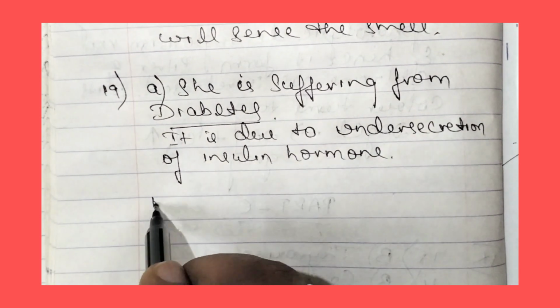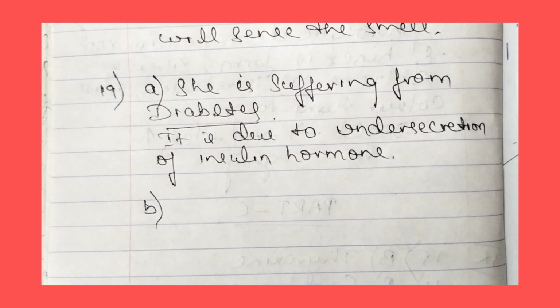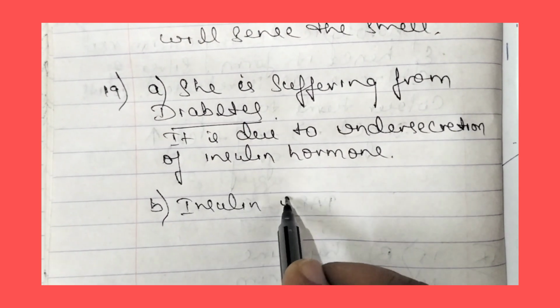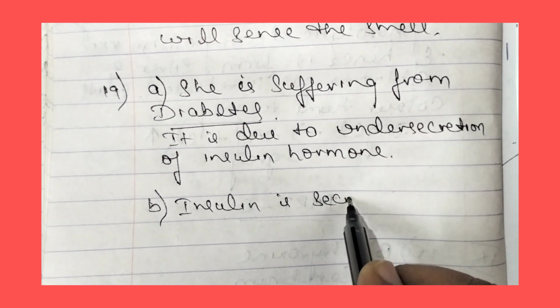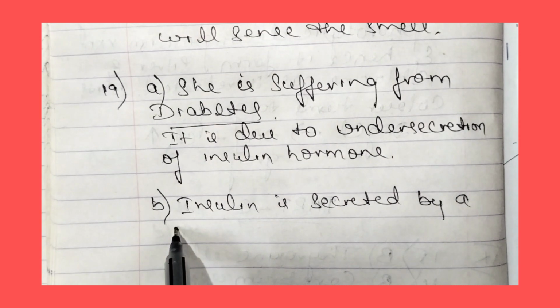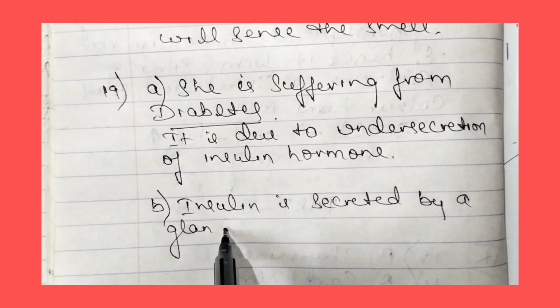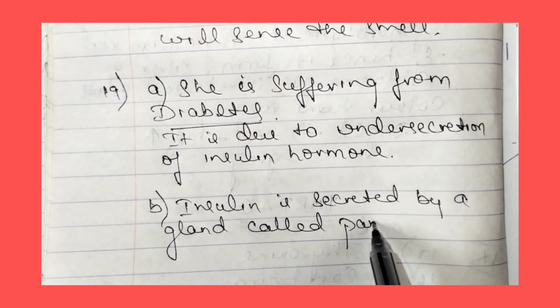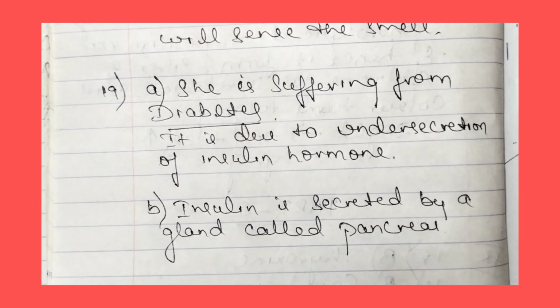So in that one, only the B question is there. Identify the gland that secretes it. So insulin is secreted by a mixed gland called pancreas. It is also called a mixed gland, pancreas.